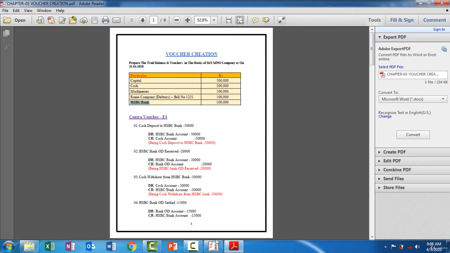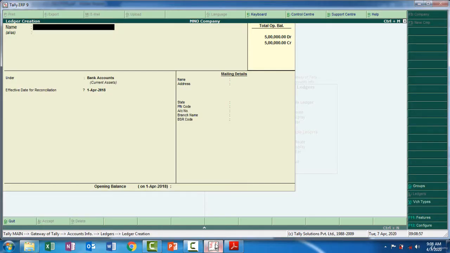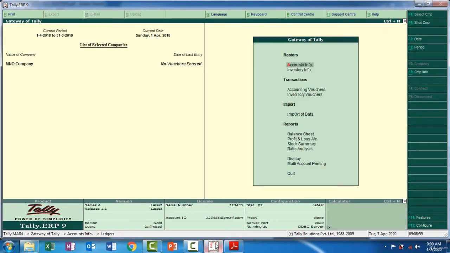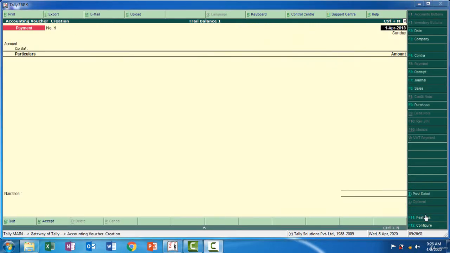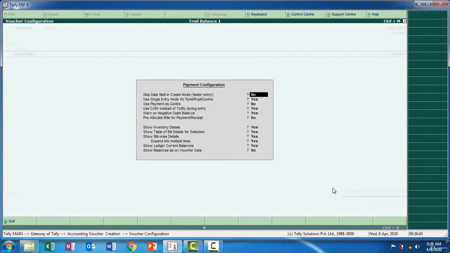So first we are going to look at that. Come back, and now we go to Gateway of Tally, and if you are going to enter the transaction into the voucher, choose Accounting Voucher. Before starting, sometimes it becomes single entry mode. If it is single entry mode, you need to change it. So how can we change it? You can press the F12 key, or otherwise click Configurations, and after that you can see the second one is use single entry mode for payment, receipt, Contra voucher.